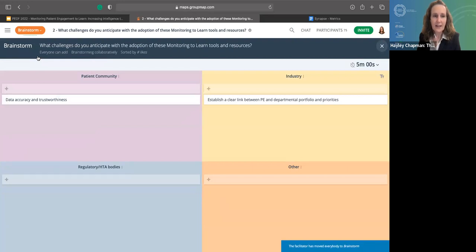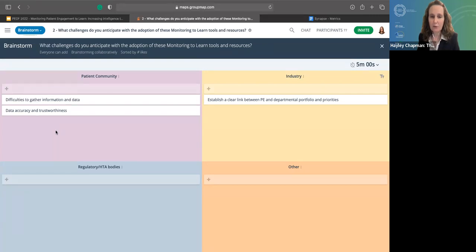That's thinking about if we were to follow through with the resources and tools that were just suggested, and the ideas put forward for further tools and resources, as we think about implementing some of those or developing them further and embedding them within organizations, what are some of the challenges or issues that industry, the patient community, or other stakeholders might face in furthering the integration of those tools and resources?